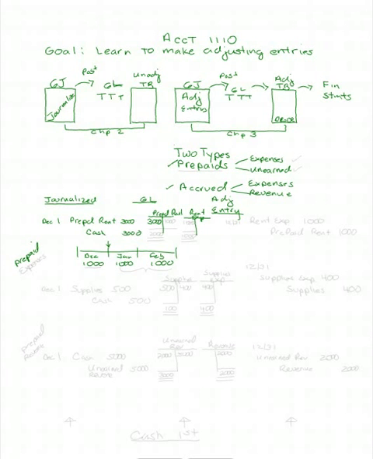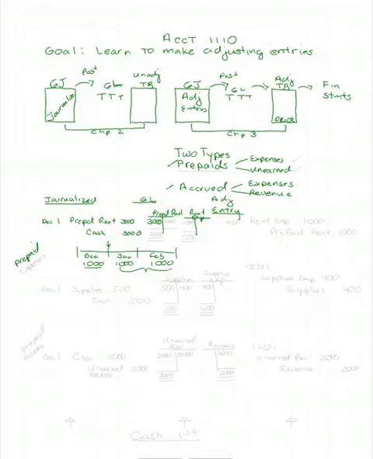And this much has been consumed, and this much has not. So that tells you we need to move out of prepaid rent $1,000, and $2,000 is left. I've told you how much is left and how much is used.